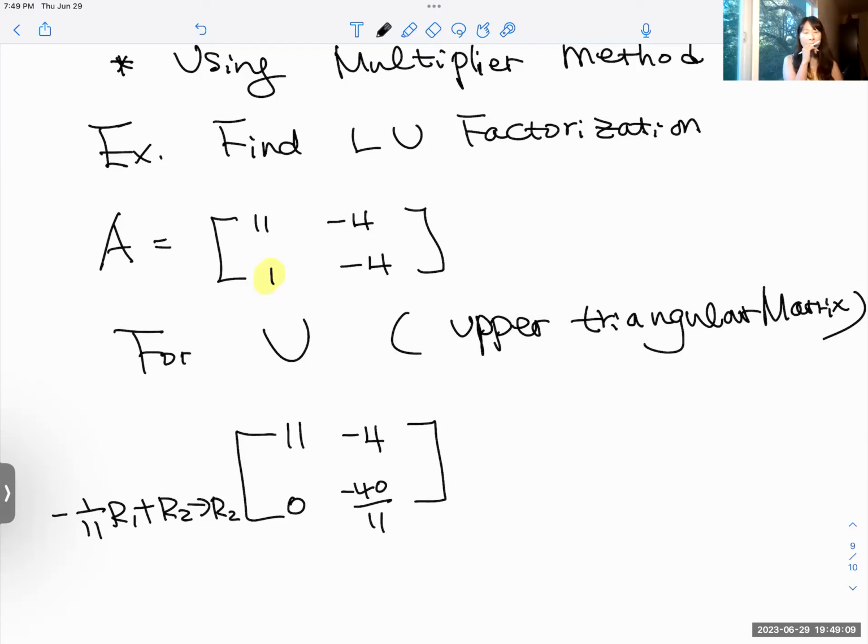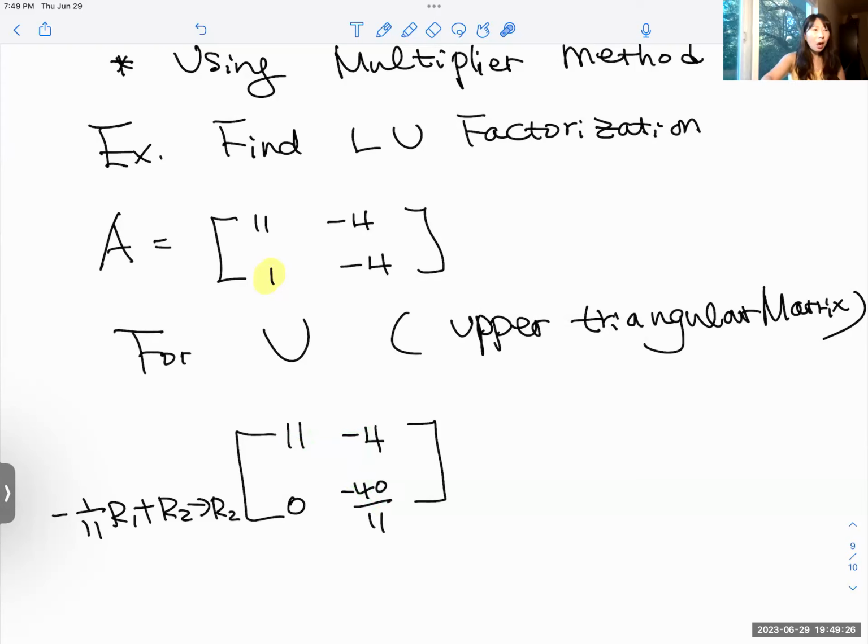Is it true? Look, this is already upper, because it's 2 by 2, so we are done.